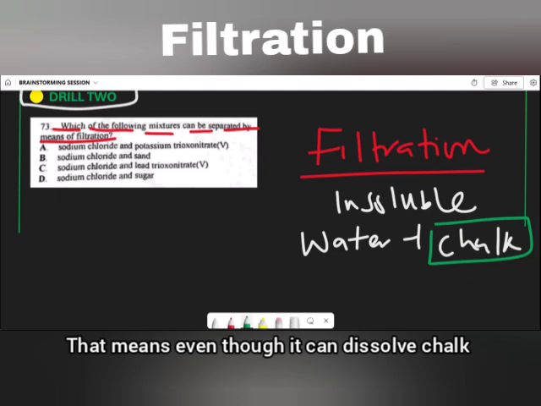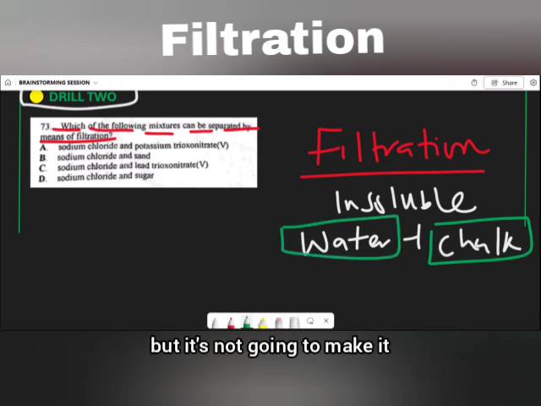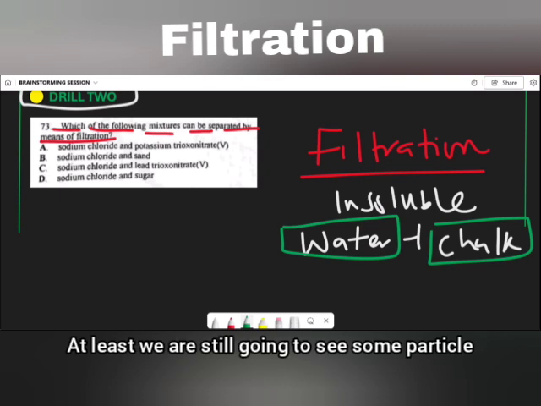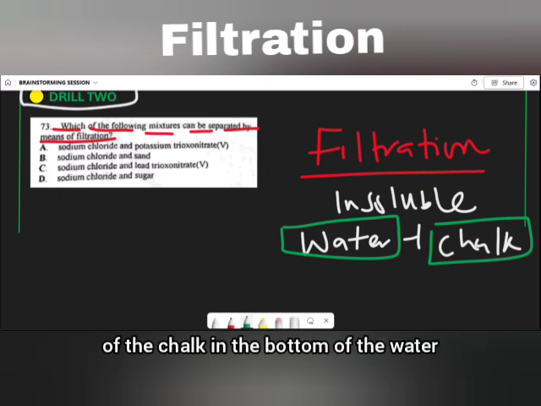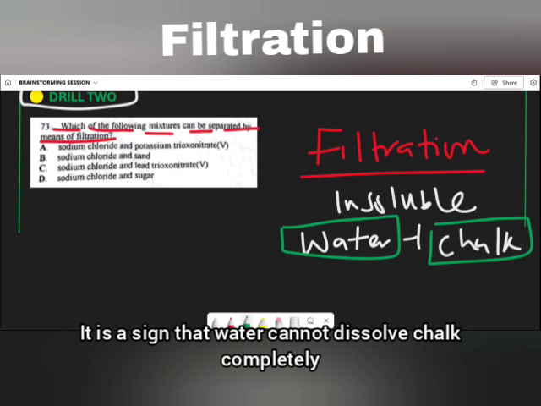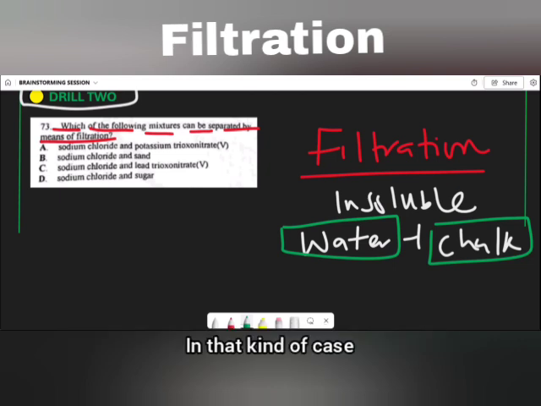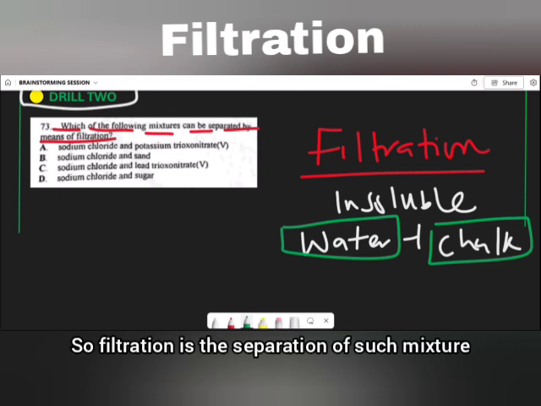You are still going to see some particles of the chalk at the bottom of the water, which is a sign that water cannot dissolve chalk completely. In that case, it is an immiscible, or we call it insoluble, mixture. So filtration is the separation of such a mixture.